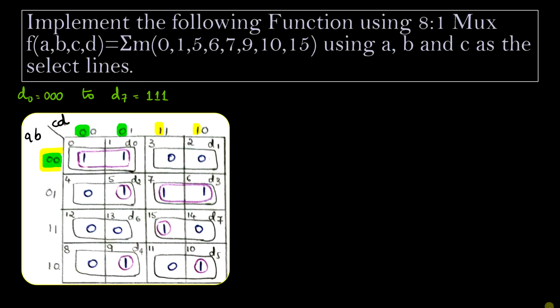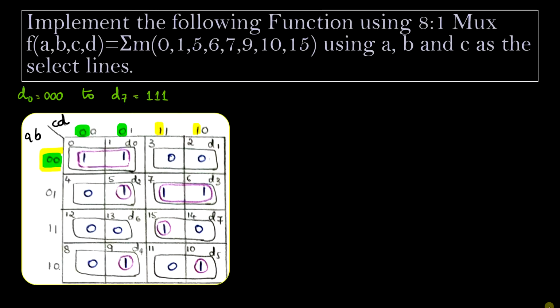And I have A, B, C, D. So here I am considering A, B and C to be the select lines, and D is left as it is. So all the input data lines will be represented in terms of D. You can see that I have highlighted how I am considering the first case in green color for the select line combination 0, 0, 0, and I have also highlighted how I am considering the variables for the second case corresponding to D1 using the yellow color.